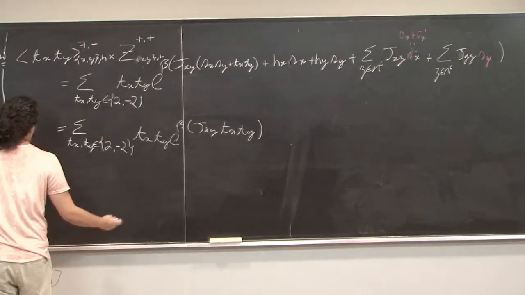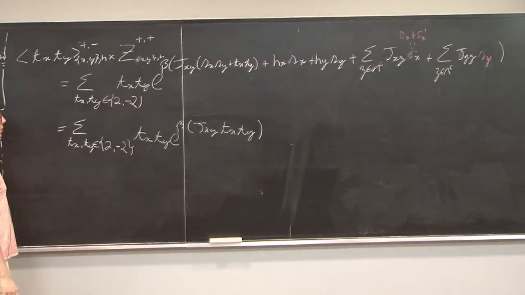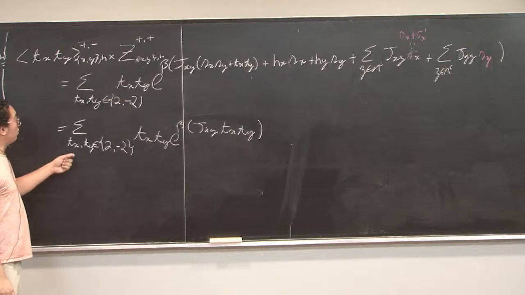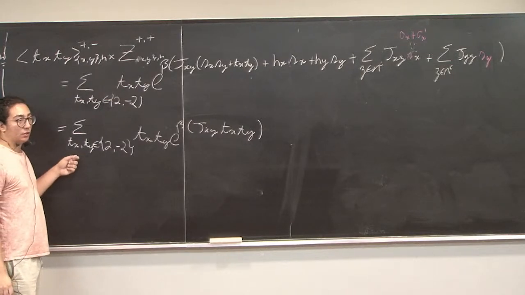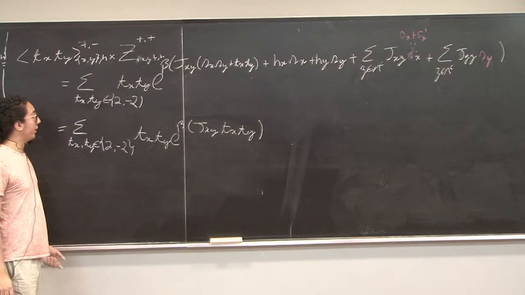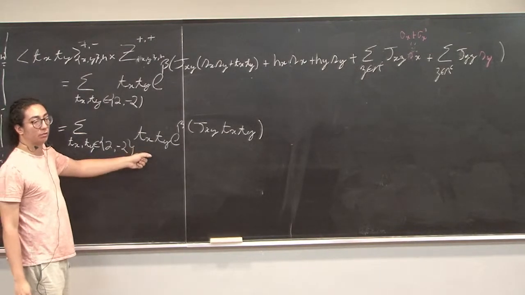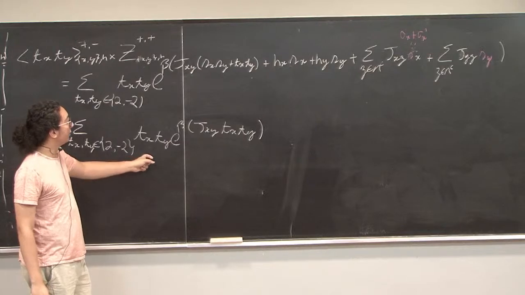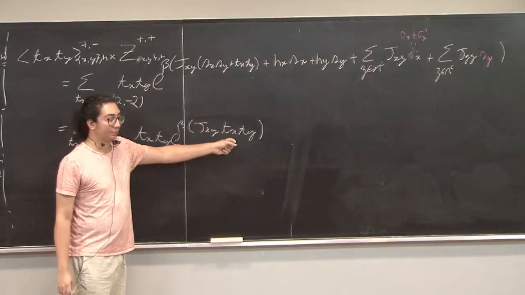And now it's basically over because when you take ty matching signs, if you take ty both equal to 2 or both minus 2, you're going to have 4 here, and 4 here.